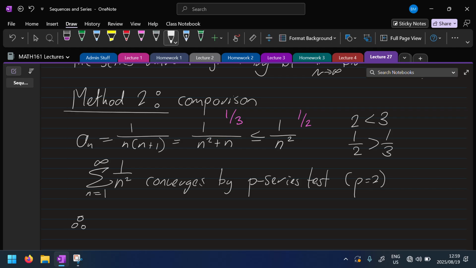So the 1 over n squared, which was larger, that one converges. So the 1 over n squared plus n, which is smaller, must also converge. Okay. And you can say the comparison test or the direct comparison test. Again, those are the same names.